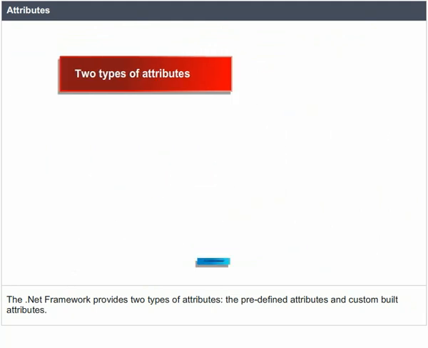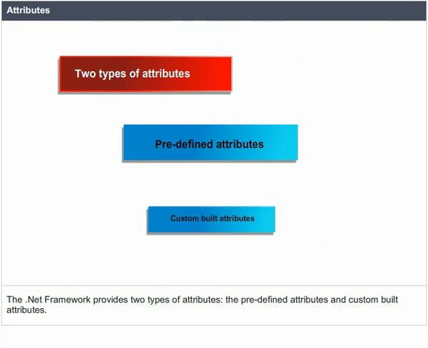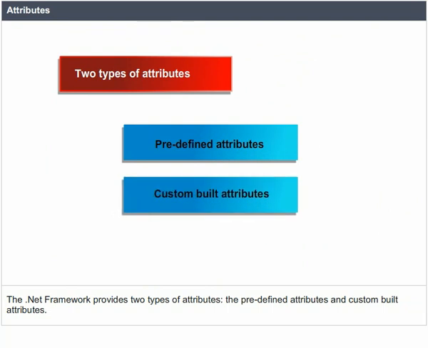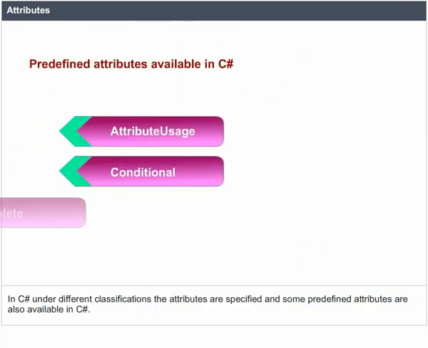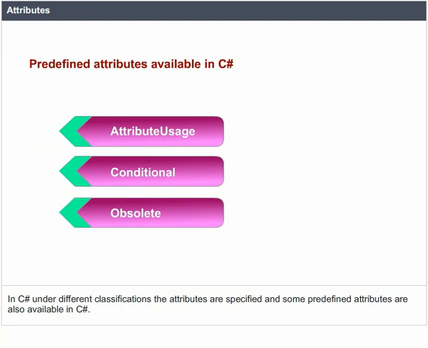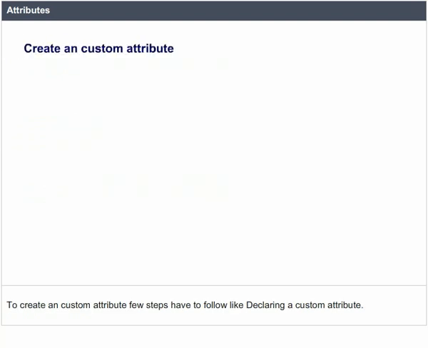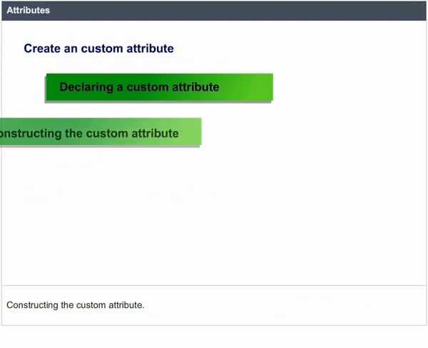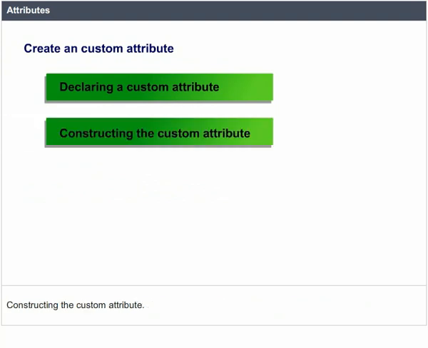In C#, under different classifications, the attributes are specified, and some predefined attributes are also available in C#. Attribute usage: conditional, obsolete. To create a custom attribute, a few steps have to be followed: declaring a custom attribute, constructing the custom attribute, applying the custom attribute on a target program element, accessing attributes through reflection.